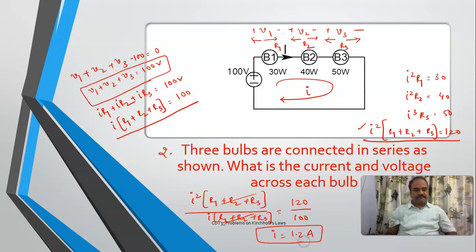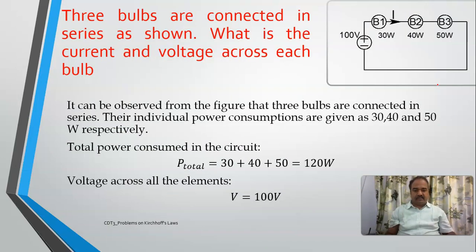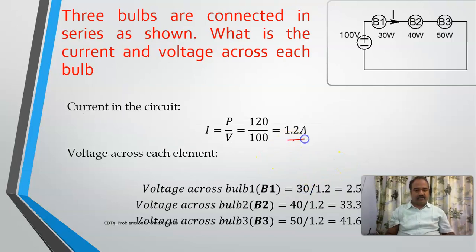See how simple it is. I is equal to 1.2. So if I substitute here, I is equal to 1.2, I will be getting R1 also. See, this is the total power 120, V is equal to 100. I think I is equal to 1.2.